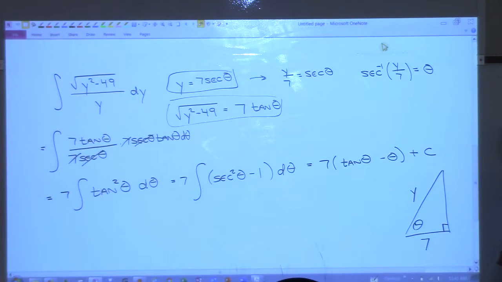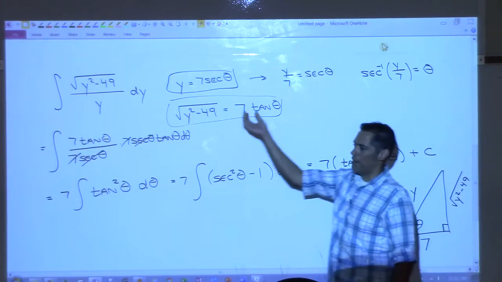Yes. Good. And then this side right here is the square root of y squared minus 49. There it is, peeking its little head out again. And now we know what tangent theta is. Tangent theta would be this side over this side, which is what we would have got right here.